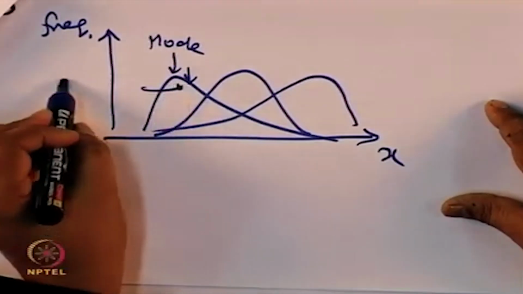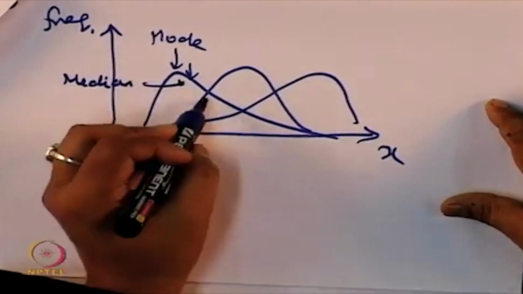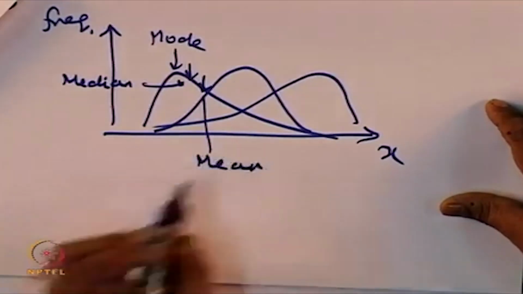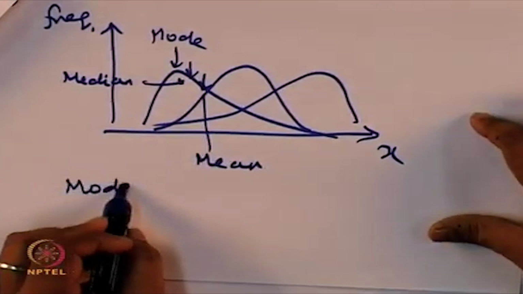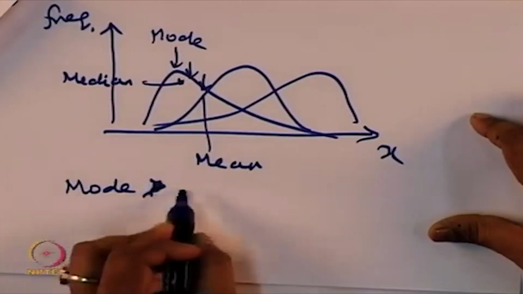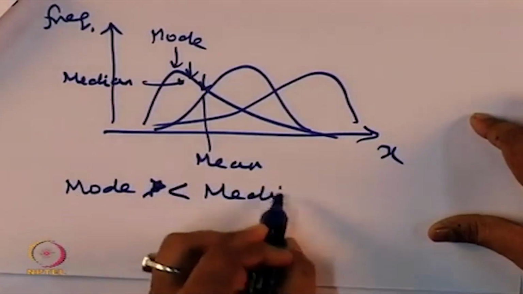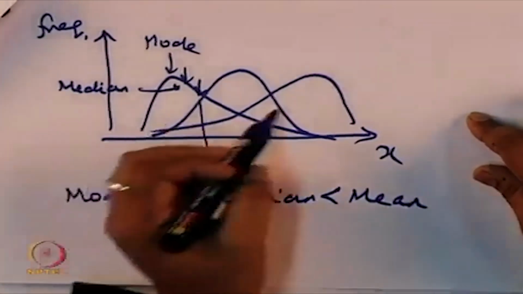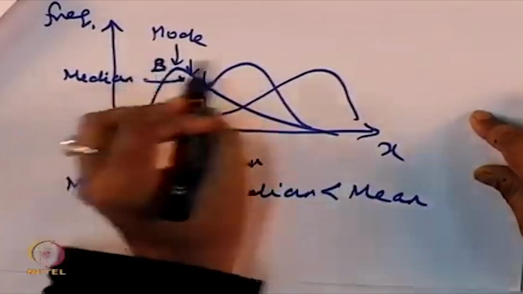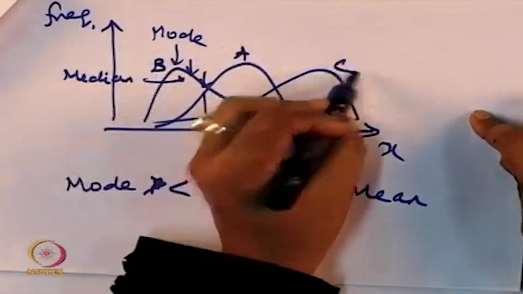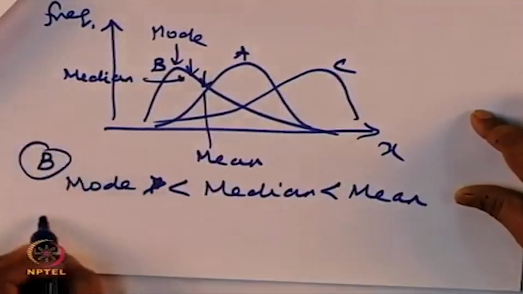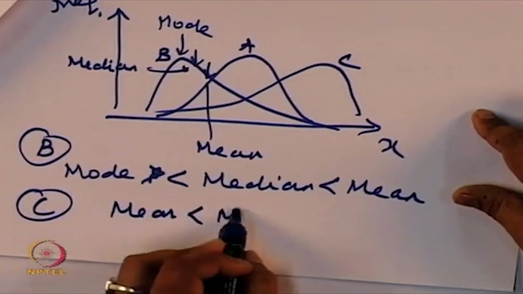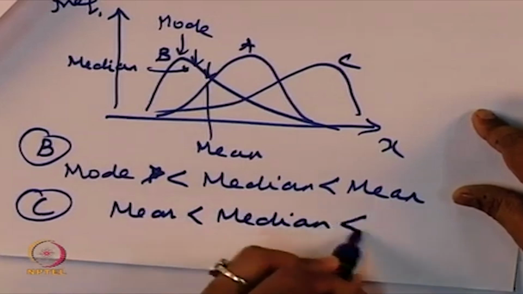And the average will be somewhere like here, this is my mean. So, in this case I have mode less than median less than mean. Okay. And in the other case, this is case B, this is case A where all 3 are equal. And for case C you will have mean less than median less than mode.